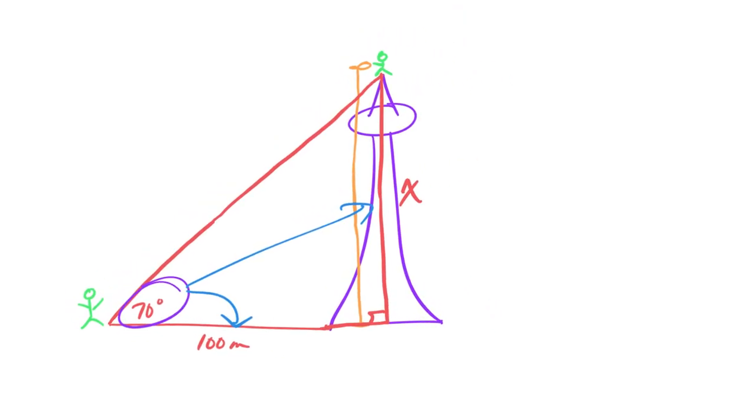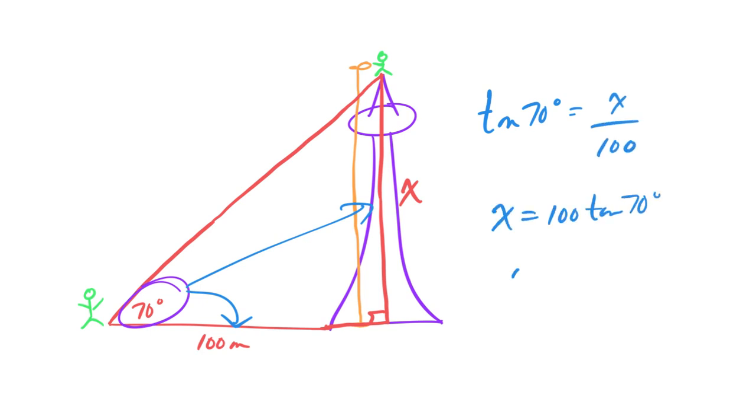That's tan. The tan of 70 degrees is x over 100. So x equals 100 tan 70. And so x equals approximately 274.75 meters. Well, that's a pretty big building.